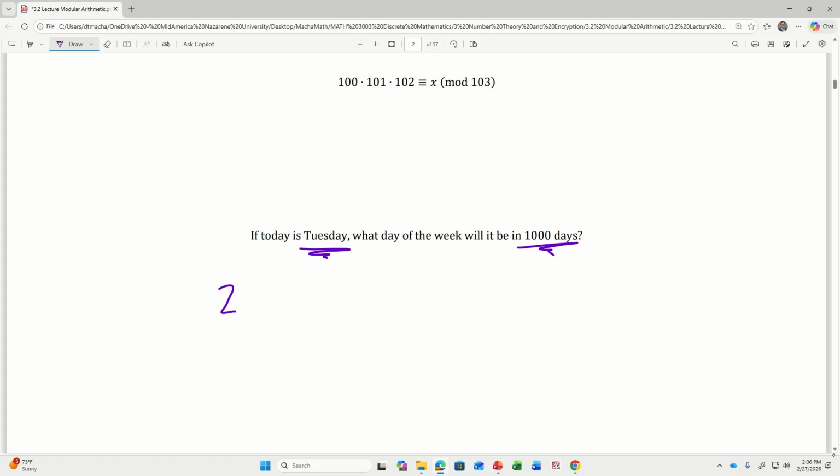So Tuesday is the number 2 because it sounds like Tuesday. And then we're going to add to it 1,000 days and figure out what that's congruent to mod 7, because there's 7 days in a week. And so everybody knows that 1001 is a multiple of 7.